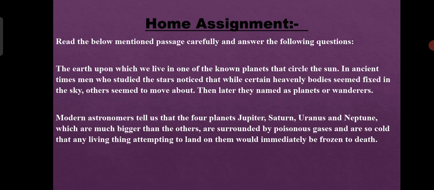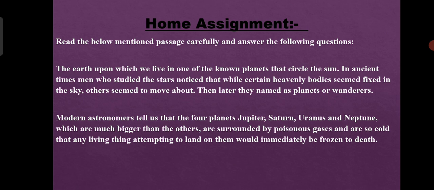The earth upon which we live is one of the known planets that circle the sun. In ancient times, men who studied the stars noticed that while certain heavenly bodies seemed fixed in the sky, others seemed to move about. Then later they were named planets or wanderers.